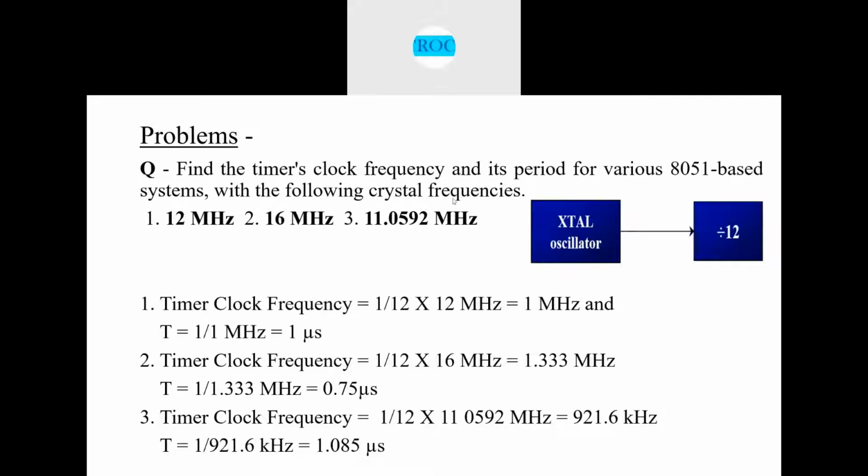When the clock source is internal, the source we normally use is 11.0592 megahertz.